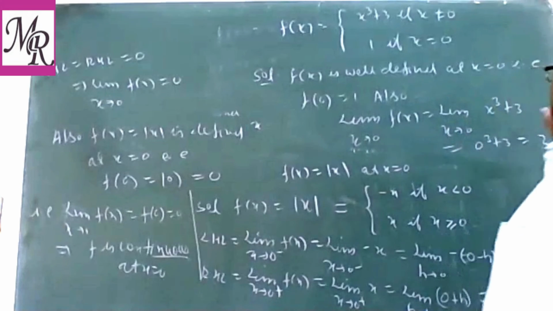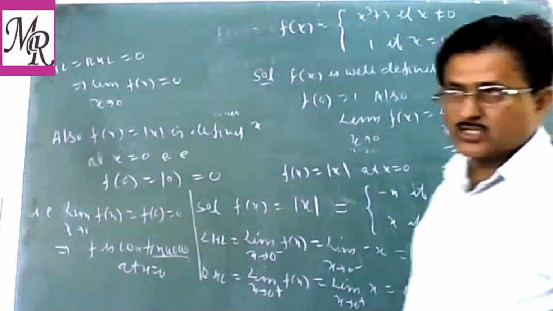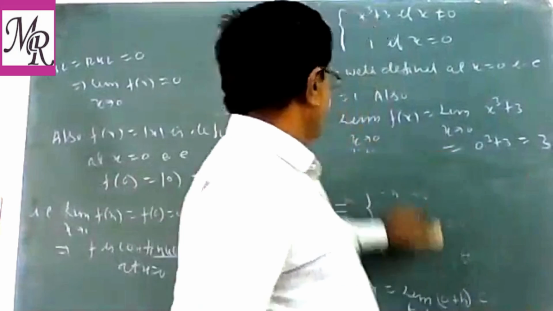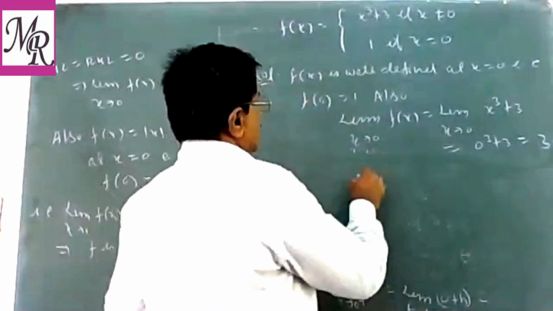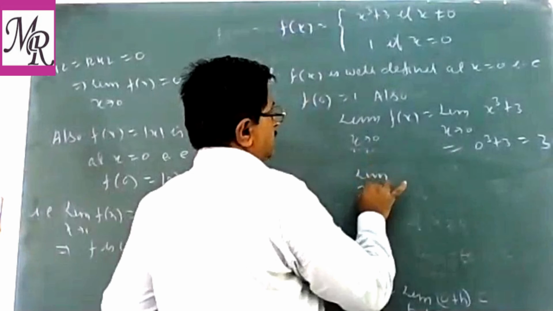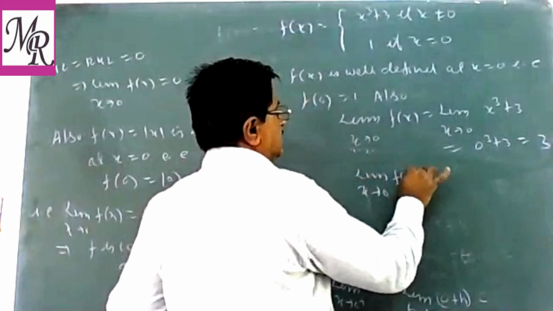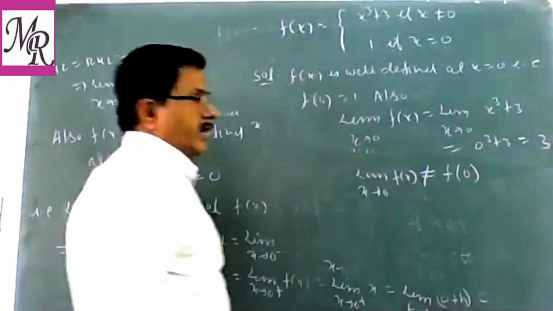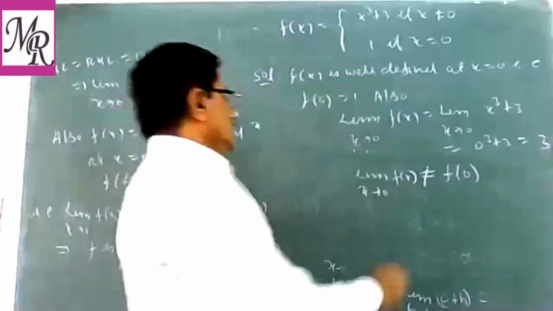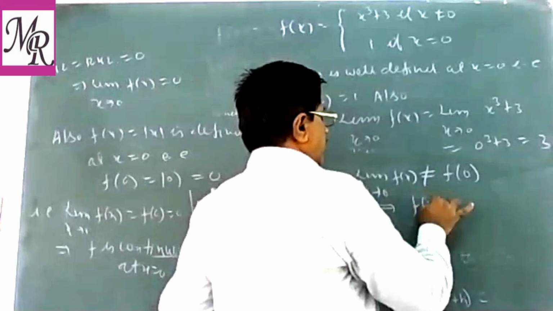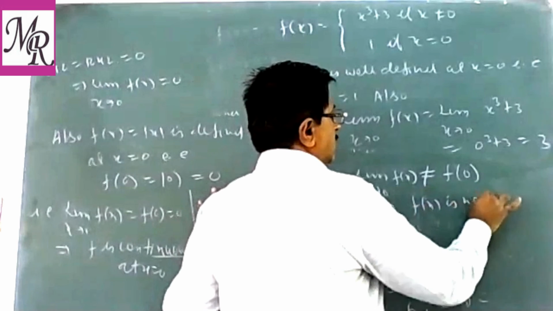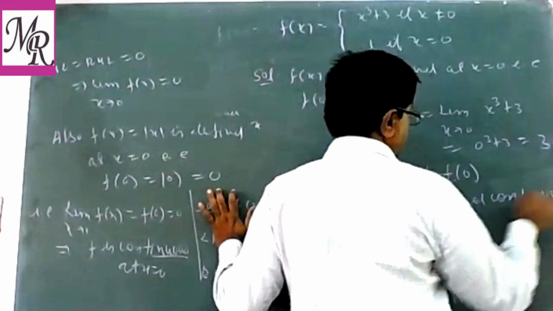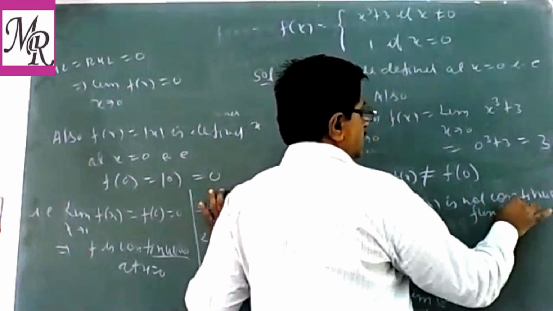So the limit value is 3, which is not equal to the value of the function. So we get limit x tends to 0 of f(x) is not equal to the value of the function at that point. So we can say f(x) is not a continuous function.